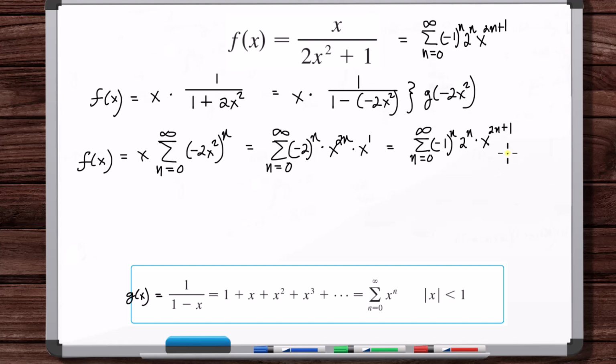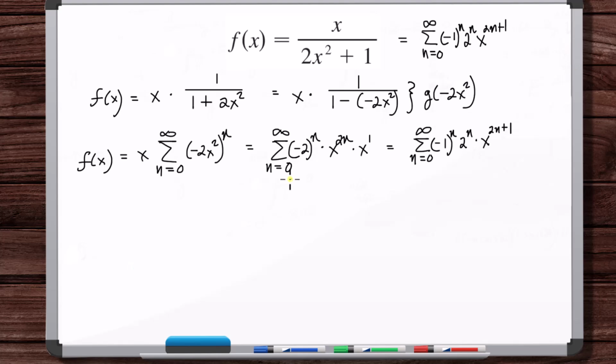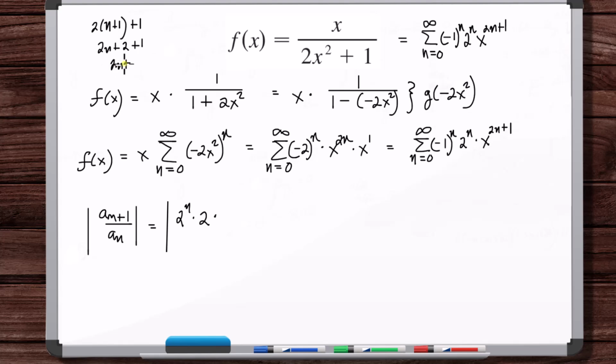All right, now it looks like this is not geometric. So let's just go ahead and do the ratio test. So we've got 2 to the n plus 1 is 2 to the n times 2. And then x to the 2n plus 1. So 2 times n plus 1 is 2n plus 2 plus 1, 2n plus 3.